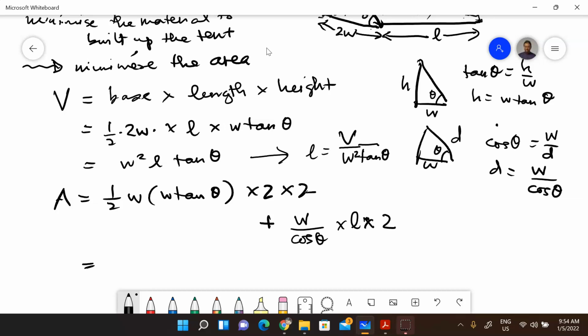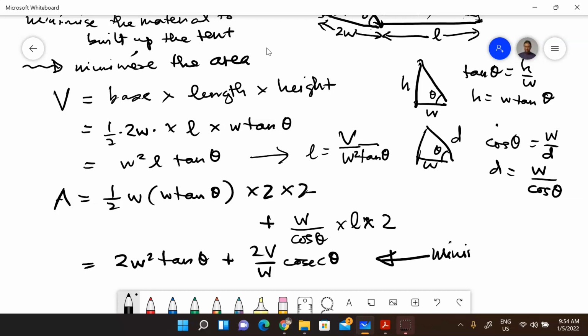Okay, so I'm going to replace that everywhere here and simplify, so that the answer in the end is A equals 2w squared tangent theta plus 2V on w cosecant theta. Okay, so this is the thing that we need to minimize.